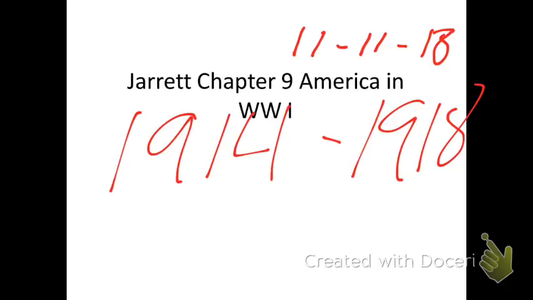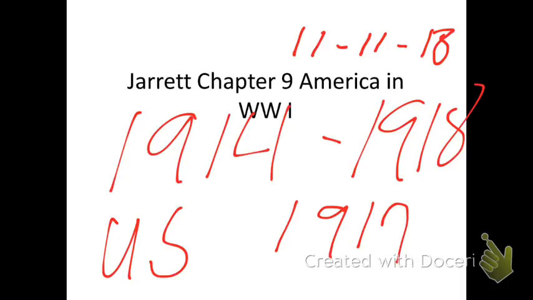Now, we, the United States, did not enter into World War I until 1917. Which would be April of 1917, just a few months, actually probably a few weeks after Woodrow Wilson was inaugurated for a second term. And as we have discussed, Wilson ran on a platform in 1916 of he kept us out of war.